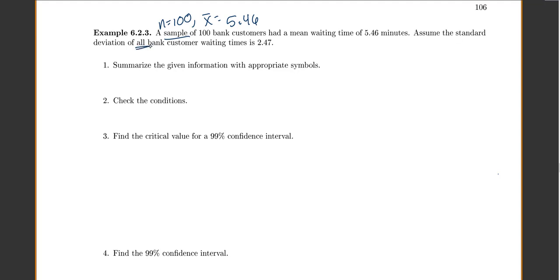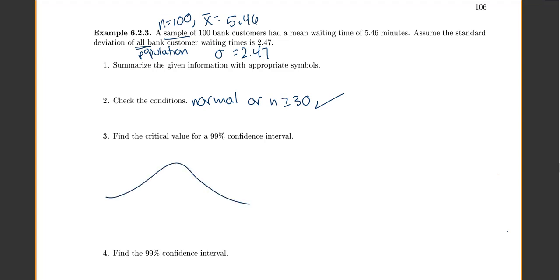Now when you see all, that means population. So our population standard deviation is 2.47. We were supposed to summarize it all with our appropriate symbols. That's what I just did. Let's check our conditions. It needs to be either normal or n of at least 30. Our sample size was 100, so we're good there.